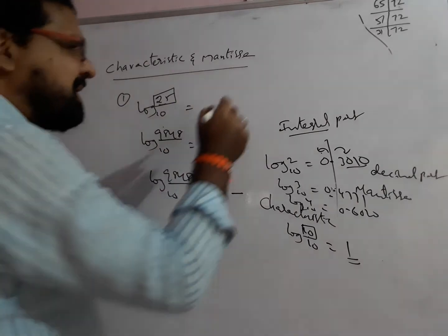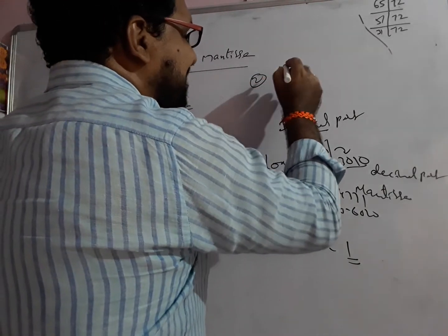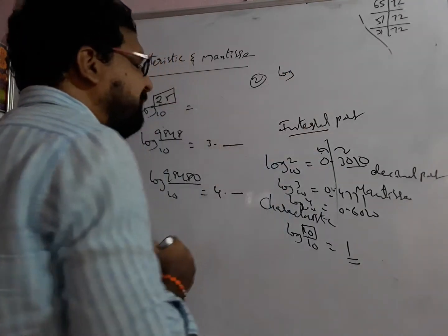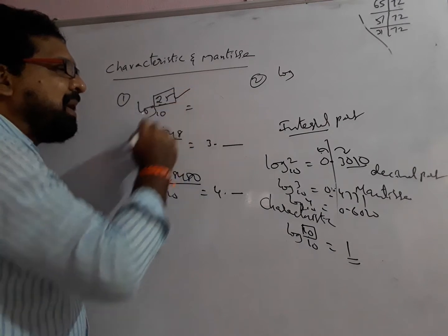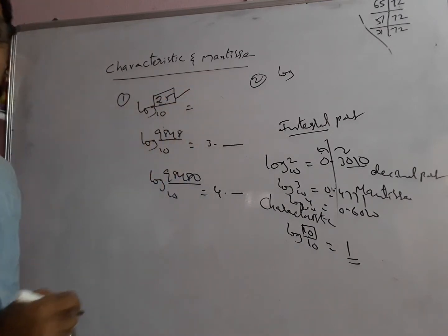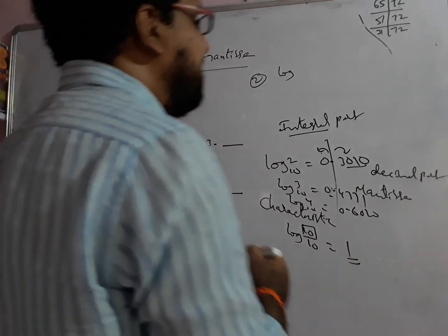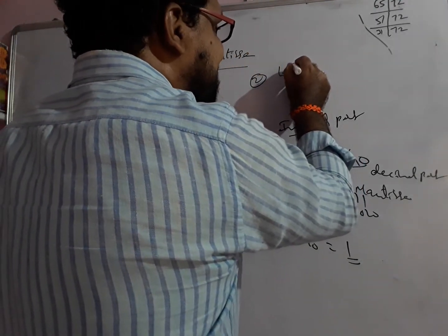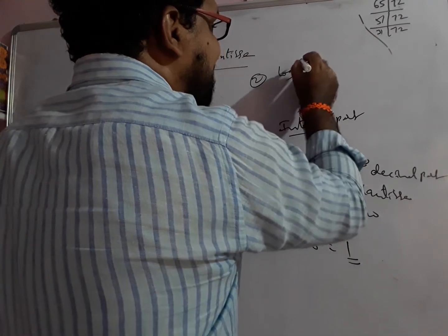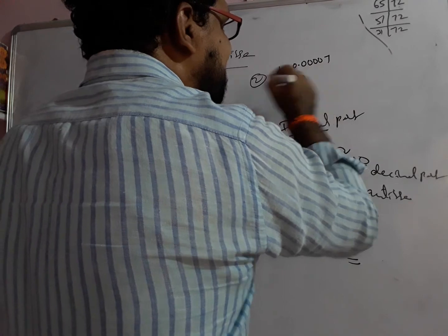For the second case, the logarithm of a number where the number is not a natural number but a decimal number. The decimal number has a decimal point with some zeros afterwards, for example the logarithm of 0.00007 to the base 10.